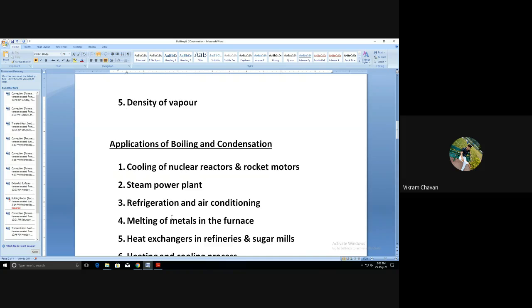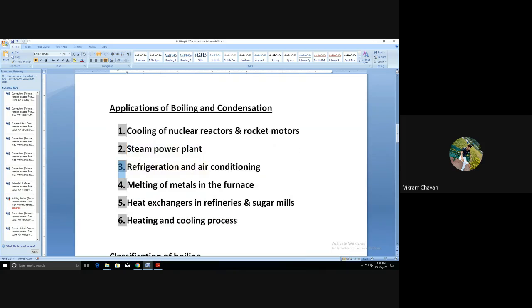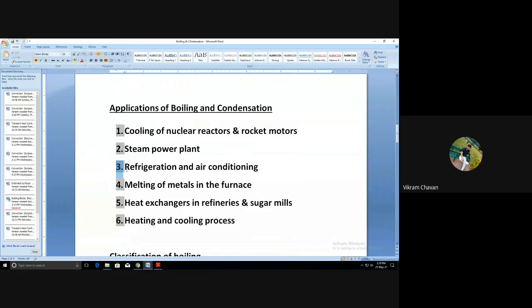Then steam power plants where the steam is generated. Boiling and condensation phenomena are the most important in a steam power plant, as the boiling phenomenon is used to generate the steam. Then refrigeration and air conditioning. This application completely depends upon boiling and condensation.